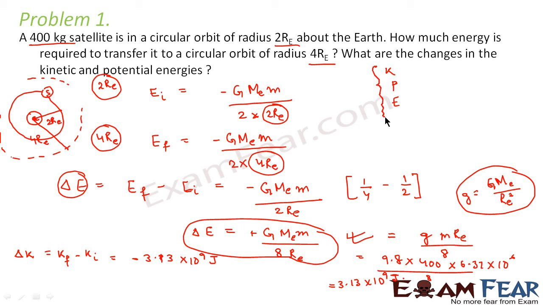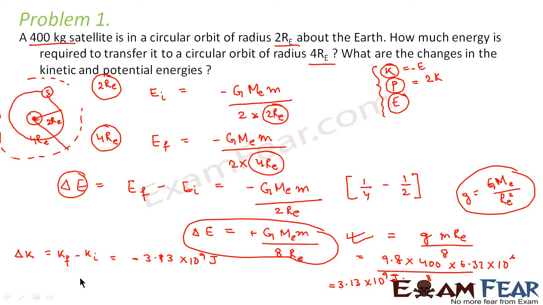If you look at that, you will see that the value of total energy and kinetic energy is the same, just that they are opposite in sign. And the value of potential energy is twice the value of kinetic energy. So kinetic energy is equal to negative of total energy.